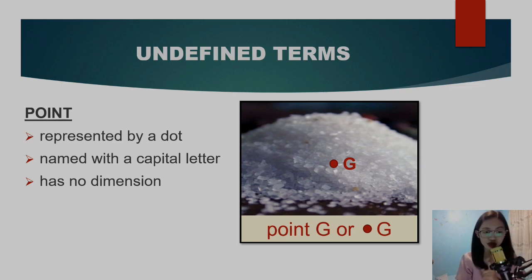First is by using the word point and then the capital letter, or by using the representation of it, which is the dot, and then capital letter pa din. So kahit alin dyan, pwede nating gamitin sa pagpapangalan ng isang point.